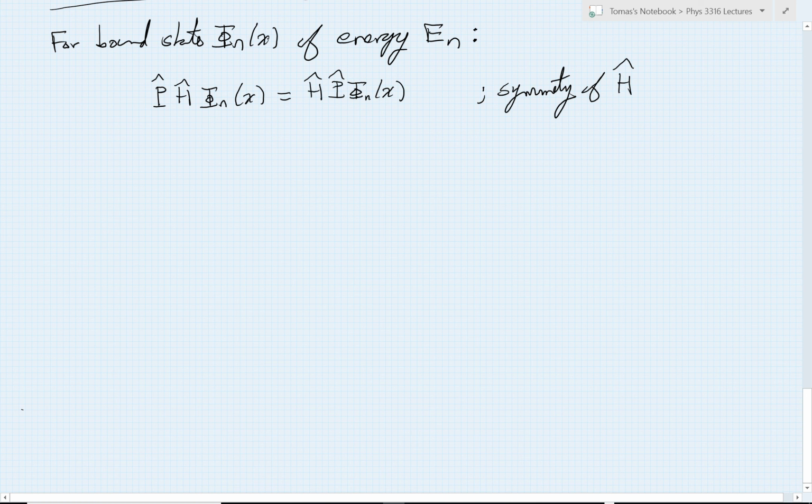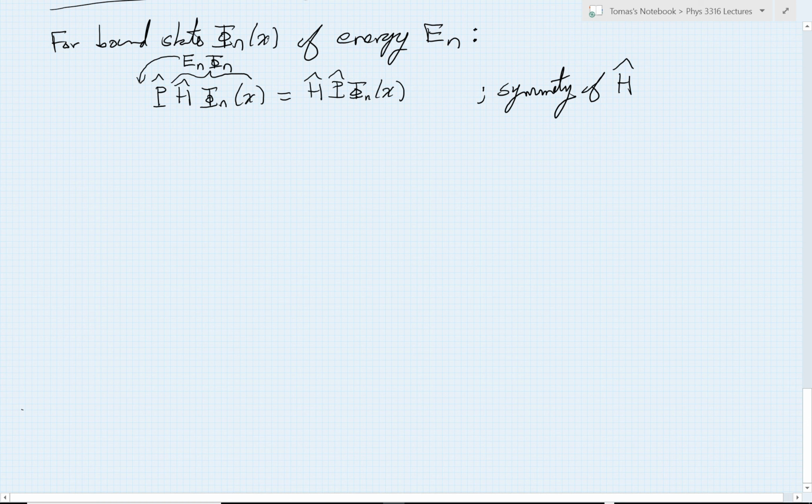Now, to make progress on this, I want you to notice that if phi n is truly a bound state of energy En, then I know that this Hamiltonian applied to it gives me nothing other than that energy times my state phi n back again. And of course the parity operator is a linear operator, so I can pull out the energy En.